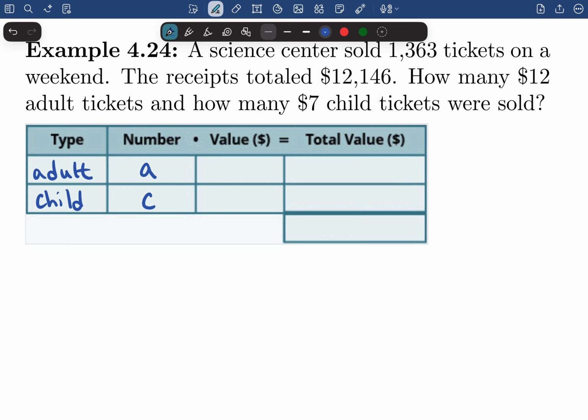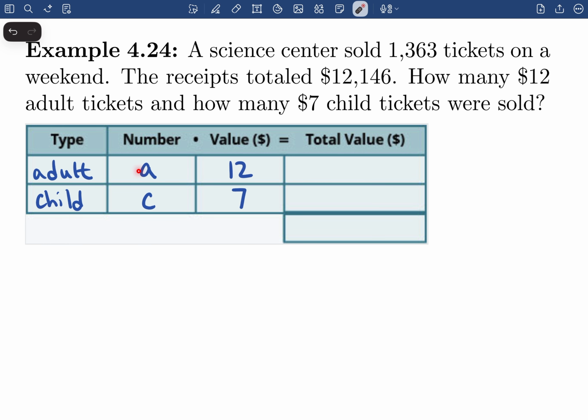I do know that the value of each adult ticket is $12, and the value of each child ticket is $7. If I multiply the number of adult tickets sold with their value, I'll get the total value.